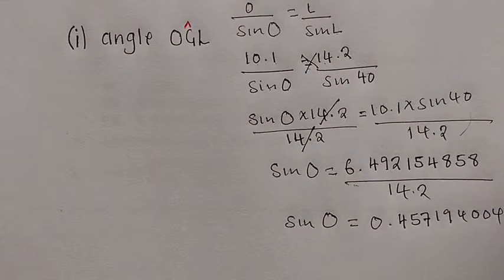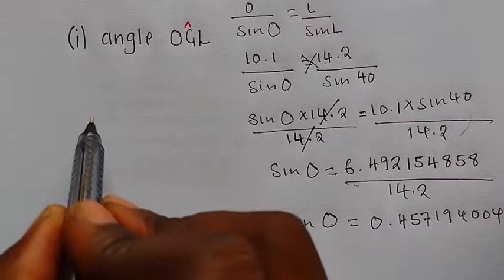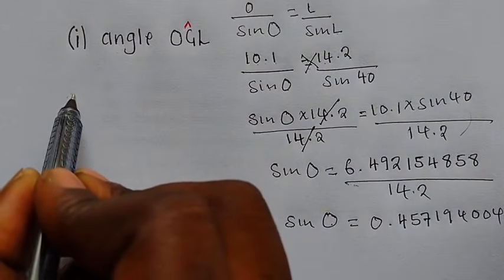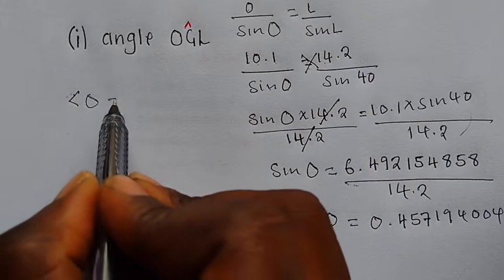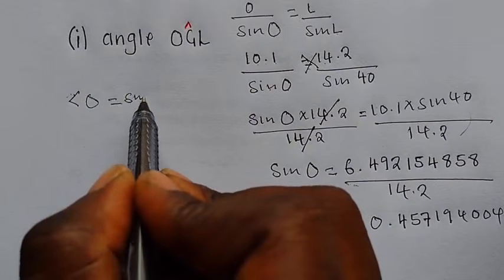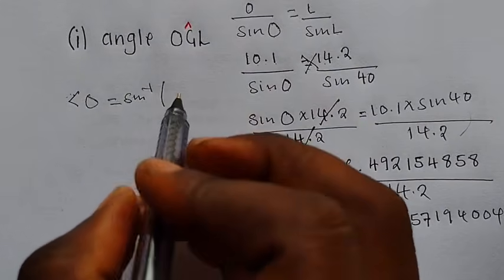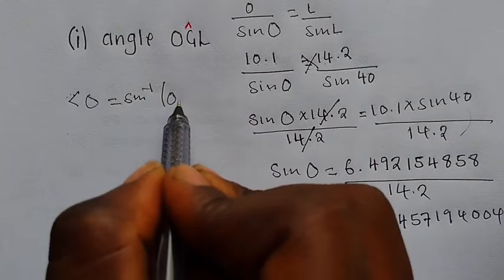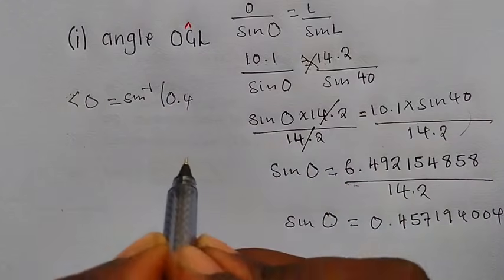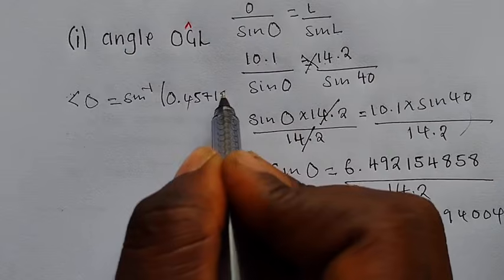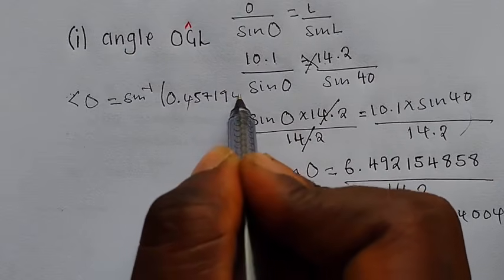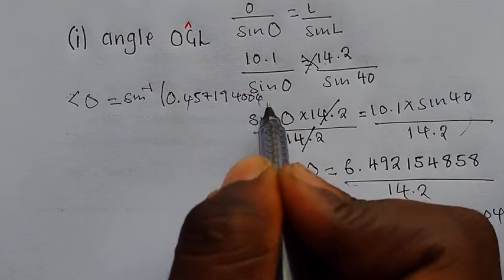Since we need to find the value of an angle, we are going to write angle O is equal to sine inverse of this value, which is 0.457194004.